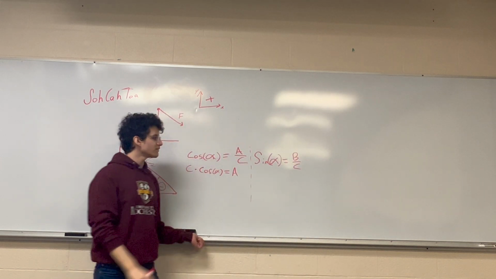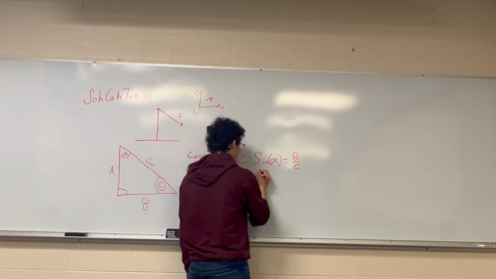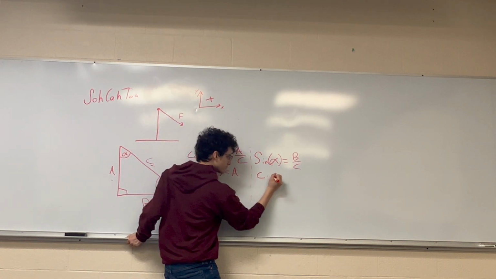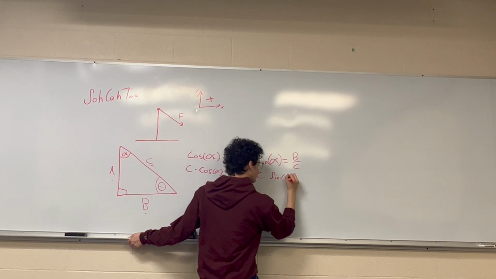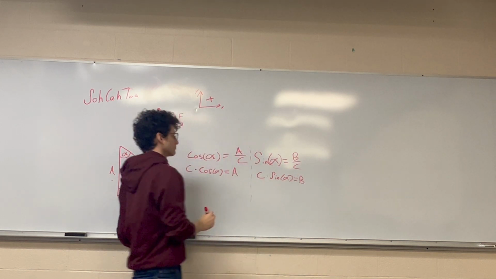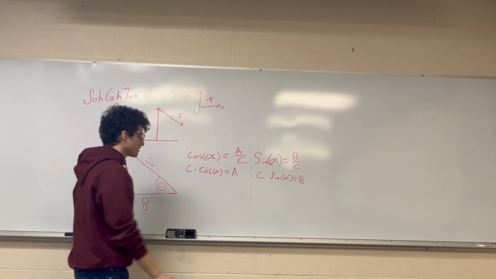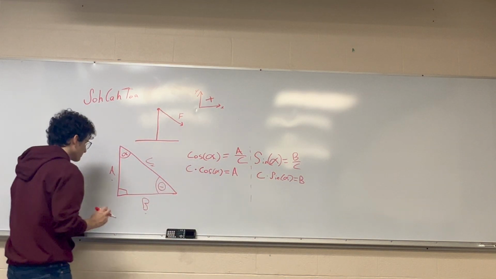So sine of alpha equals B over C. And we can rewrite this as C times sine of alpha equals B. Right? This is just algebra. It's multiplying, moving things to the side.